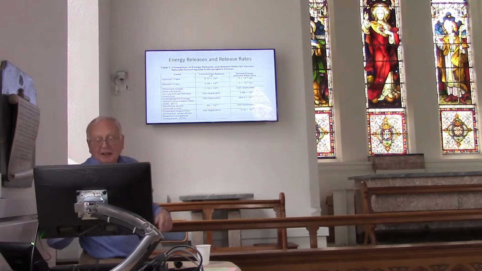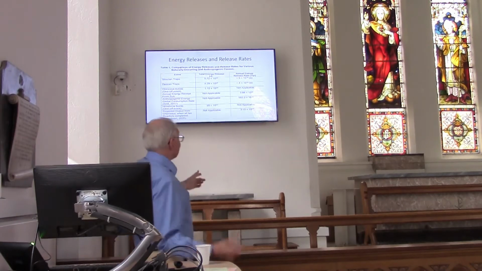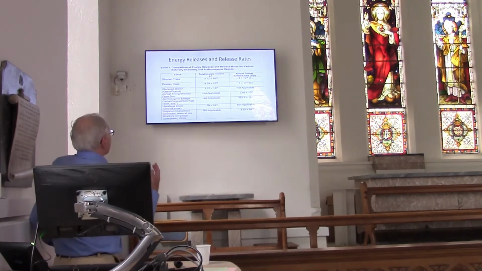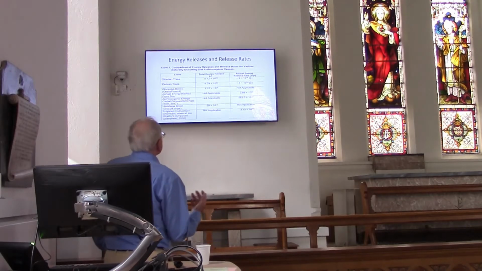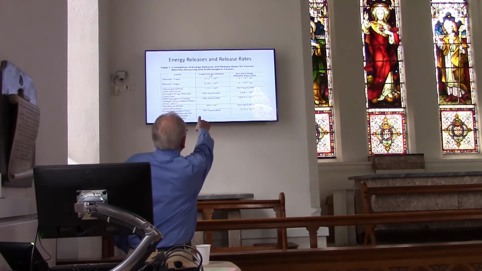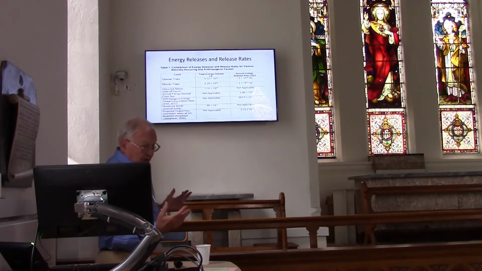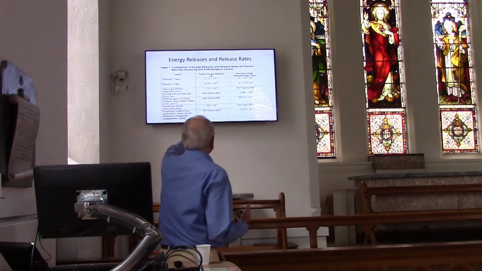And again, I've got a figure that the middle column is the total energy release. The right-hand column is the annual energy release rate in joules per year. And again, you notice that for the two volcanic events, the units are exajoules, 10 to the power 18 joules.